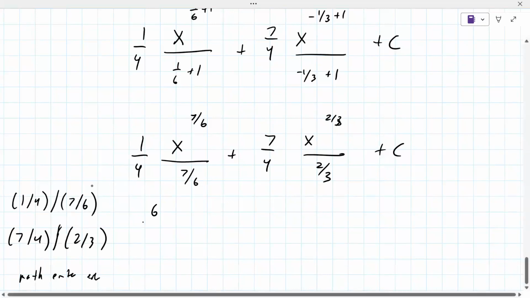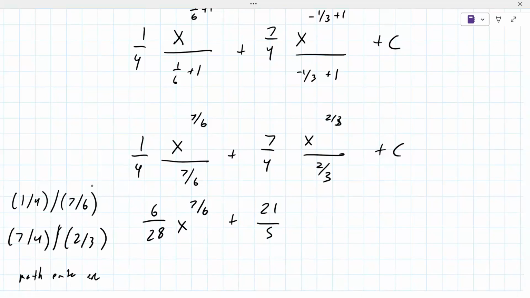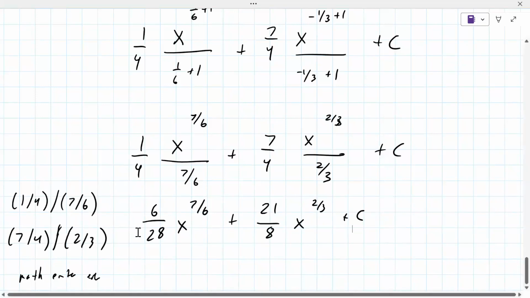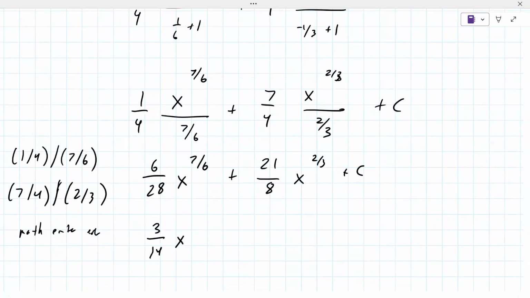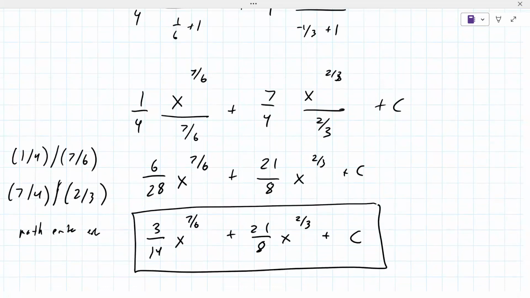So this is 6 over 28, x to the 7 over 6 power, plus 21 over 8, x to the 2/3 power, plus c. And then the one on the left does reduce to 3 over 14, x to the 7 over 6. Something like that.